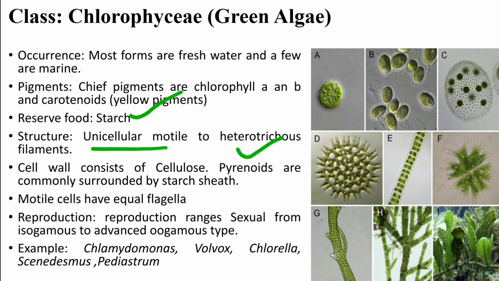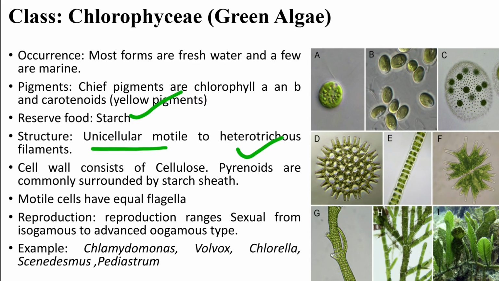Pyrenoids are commonly surrounded by a starch sheath. Motile cells have flagella, and each flagellum has the same length. Reproduction ranges from isogamous to the advanced oogamous type. In my other videos I will also discuss different modes of reproduction, like what is isogamous and what is oogamous.